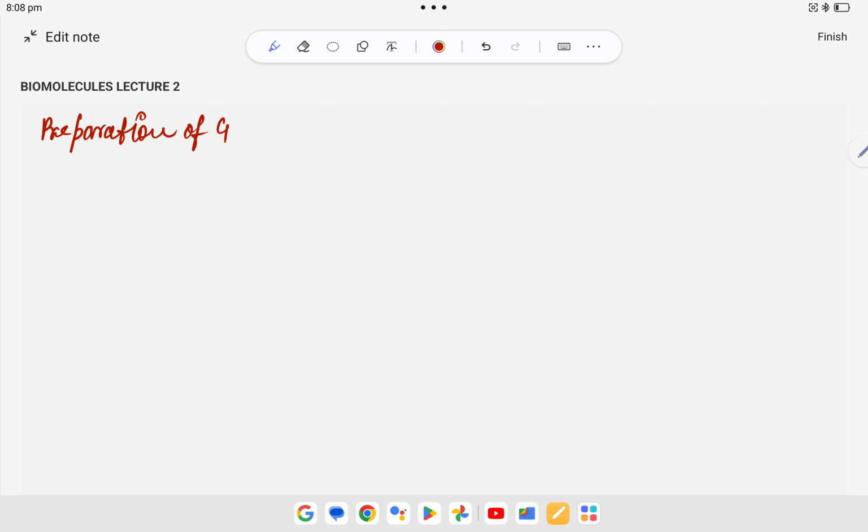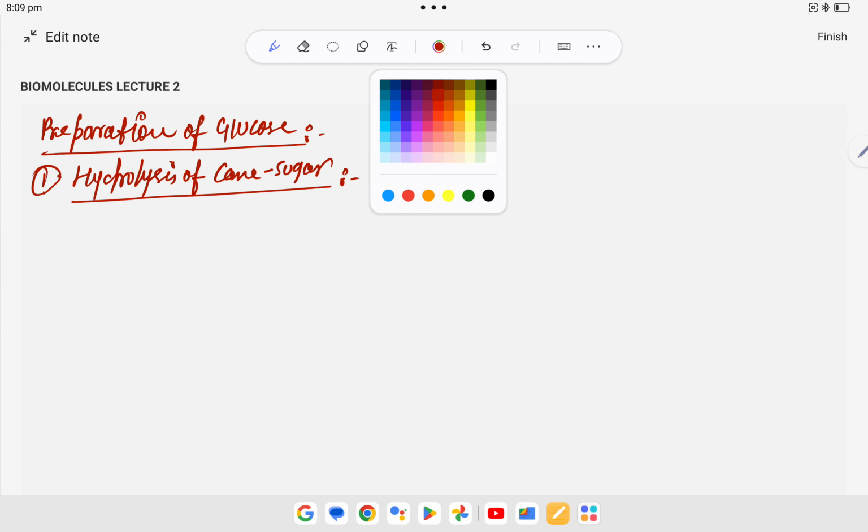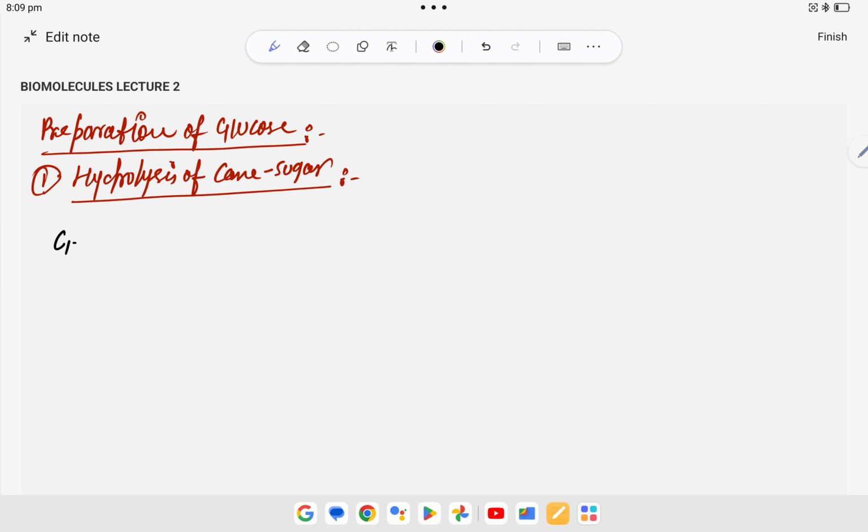Preparation of glucose. So number one, hydrolysis of cane sugar. If you are doing hydrolysis of cane sugar, then glucose is prepared. So what is the reaction? C12H22O11, this is your cane sugar.